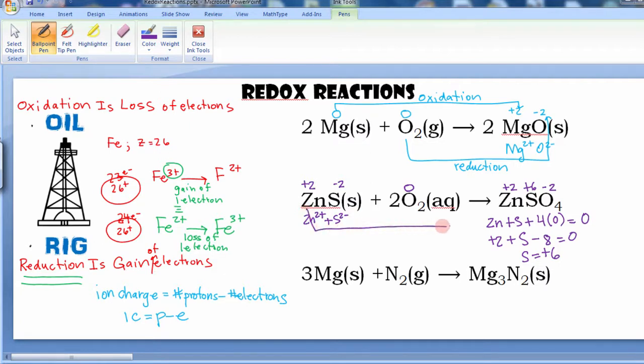Zinc goes from a plus 2 to plus 2. So there is no change. Sulfur goes from a minus 2 to a plus 6. Where are we at? We're at minus 2 down here, and then we go up to a plus 6. So there is an increase in the oxidation number, so sulfur undergoes oxidation.